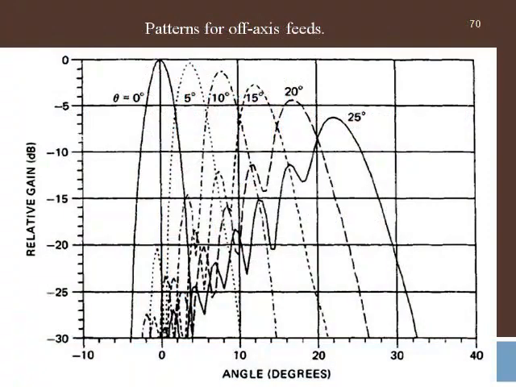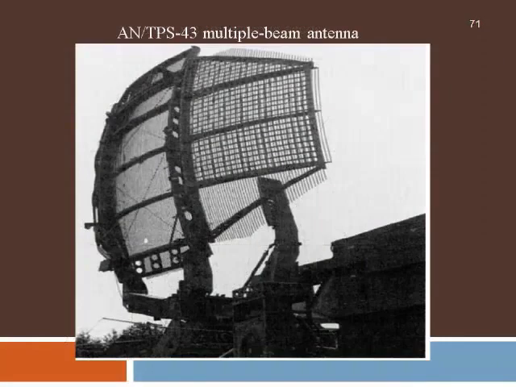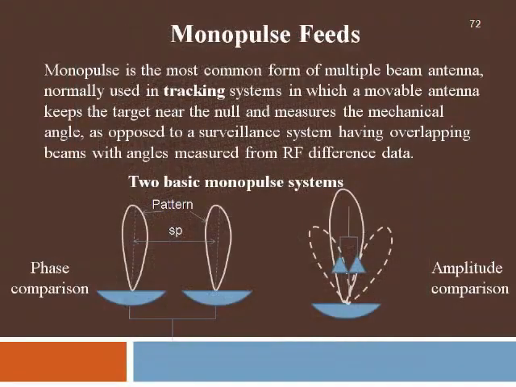So in this figure you can see patterns for off-axis feeds. You can see a multiple beam antenna in this, which is normally used in a standard radar. Monopulse feeds. Monopulse is a special type of radar system wherein using a single pulse we would like to get all the target coordinates.